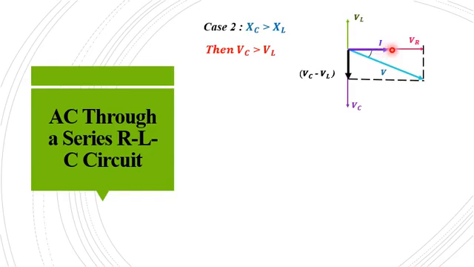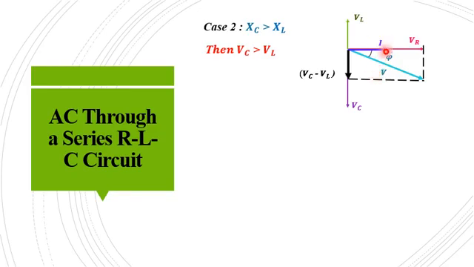So from this phasor diagram we can see that the resultant voltage V is lagging the current by an angle phi. So here voltage lags the current, and this is the nature of an RC circuit. So when XC is greater than XL, a series RLC circuit is capacitive in nature.